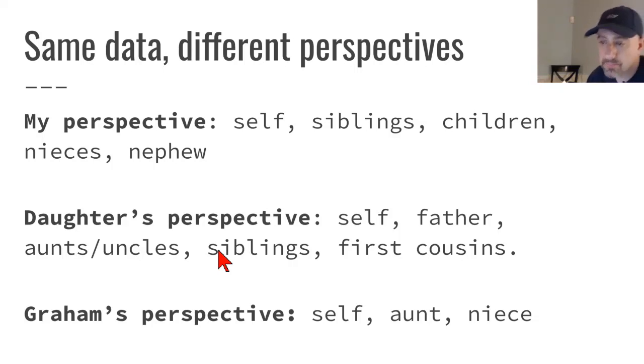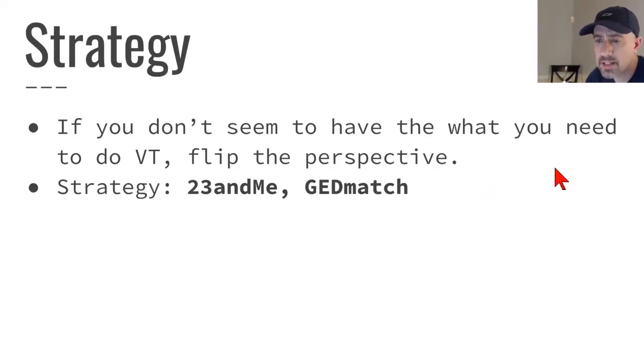So just to shift the perspective on this specific example, you can see that depending on how you approach the problem, you can solve the problem with very different arrays of family members. And in fact, I would say that if you don't seem to have the family members that you think you need to do visual triangulation, just flip the perspective.